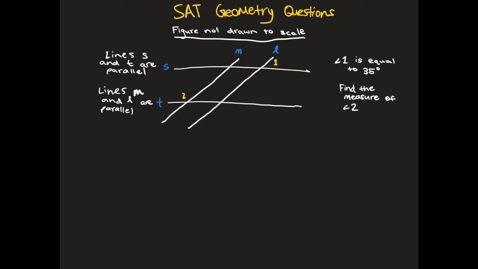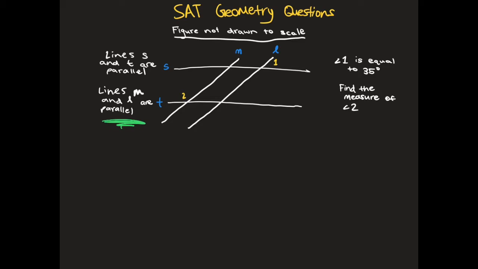So basically here you've got angle 1, which is 35 degrees, and it's asking you to find measure 2. When it says that lines S and T are parallel and M and L are parallel, that's just showing you that these vertical angles and corresponding angles are possible.